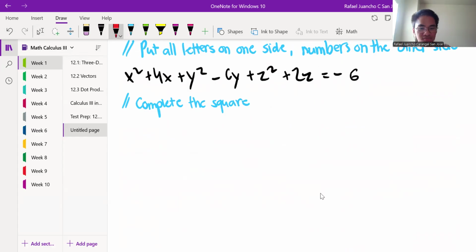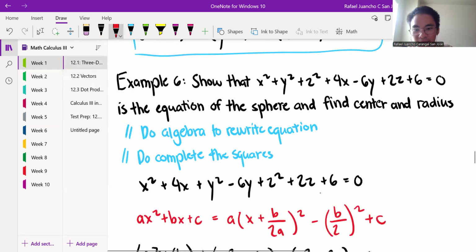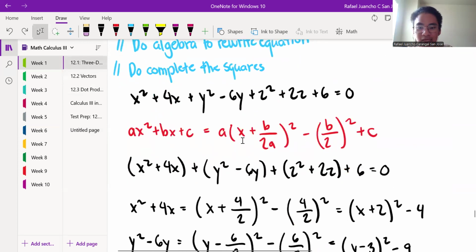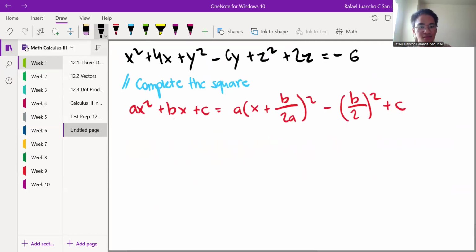So to complete the square, we actually have a formula for this, which is ax squared plus bx plus c, equals a times (x plus b over 2a) squared minus (b over 2a) squared, and then plus c. I think it was that, right? Yeah, it was that. So we just want to apply that formula to here.